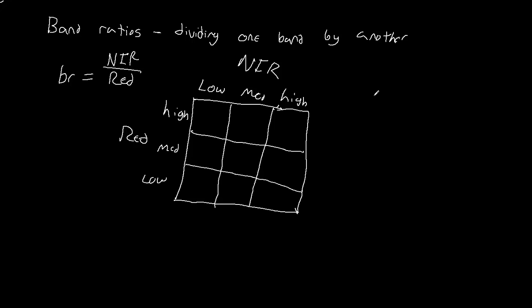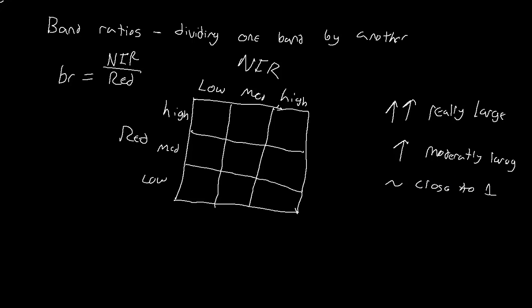I want to use two up arrows if the value of this band ratio is going to be really large, one up arrow if we would expect it to be moderately large, a tilde if we would expect it to be close to 1, a down arrow if it's going to be moderately less than 1, and two down arrows if it's going to be greatly less than 1.